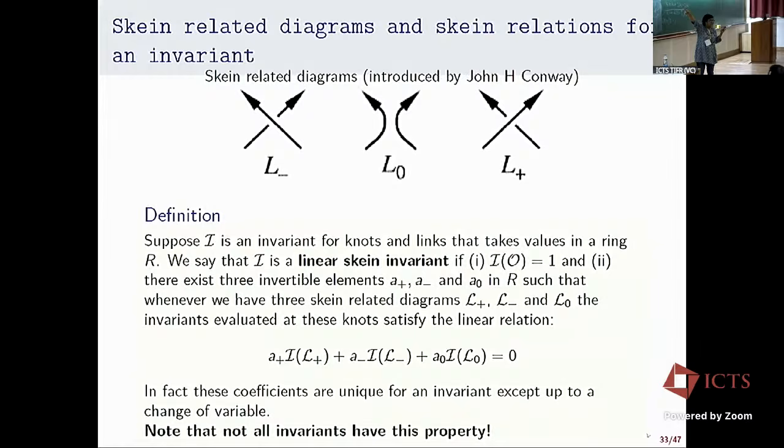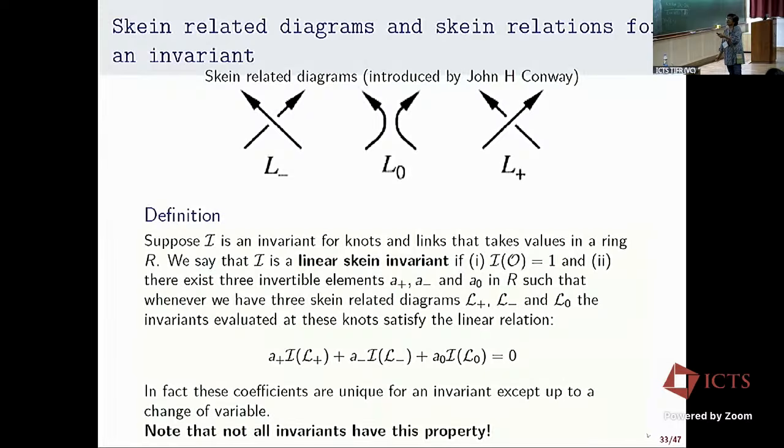That means I switched. If I switched from over to under, positive will become negative. And the middle one is the smoothing. So 3 diagrams are like that. And the invariant has this property that it satisfies this linear relation.